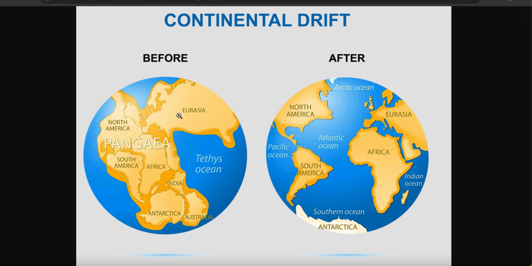You have Eurasia here, which is a combination of what we know now as China and Russia and Europe. Here would be some of the Middle East, or the Near East, and even the Mediterranean Sea would be about right here. Here's India. Scientists propose Australia and Antarctica were all connected at one point.